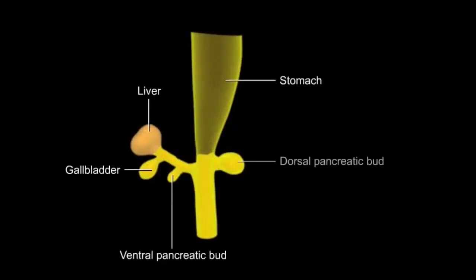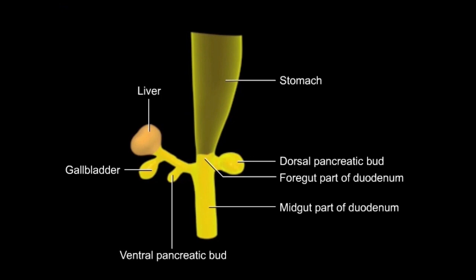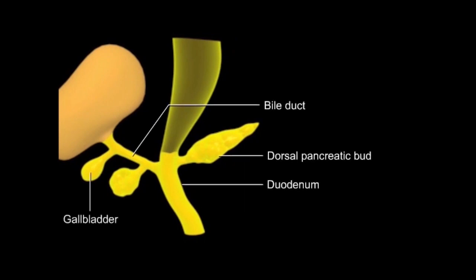The pancreatic duct is formed from the duct of the ventral bud and the distal part of the duct of the dorsal bud. The proximal part of the duct of the dorsal bud may persist as an accessory pancreatic duct.